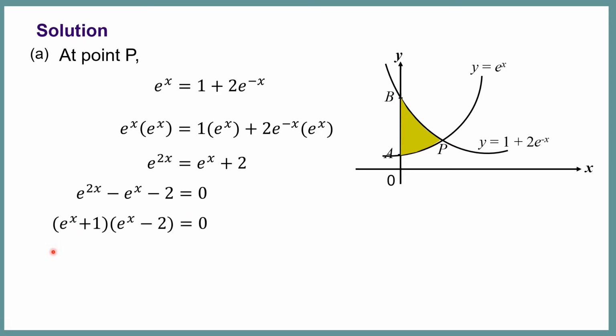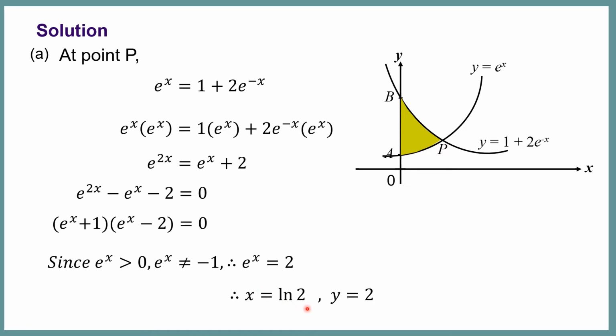Factorizing, since e to the power of x is always positive, e to the power of x cannot be negative 1. Therefore, e to the power of x is 2. Taking ln on both sides, x is ln 2. When x is ln 2, y is 2. Thus, the coordinate of P is ln 2, 2.